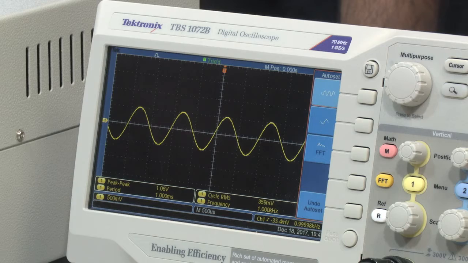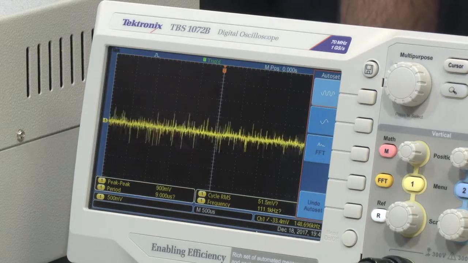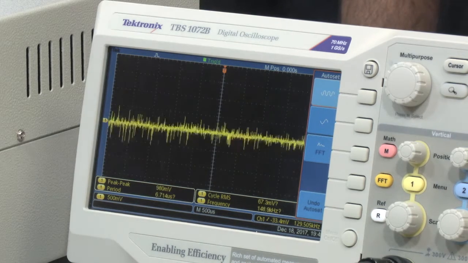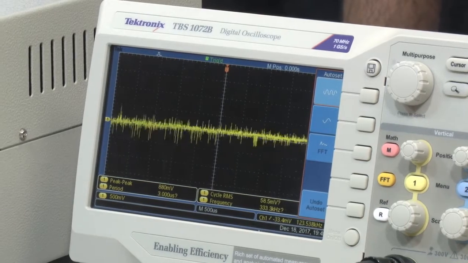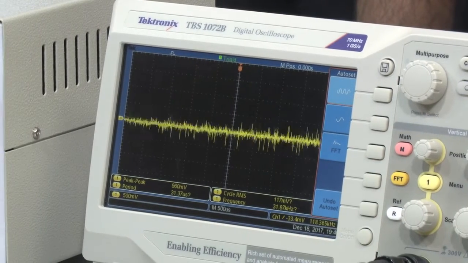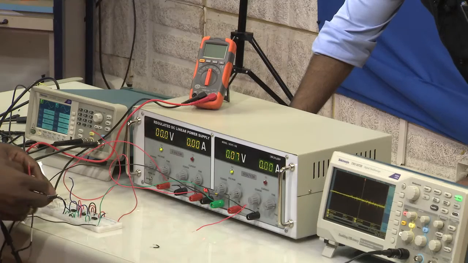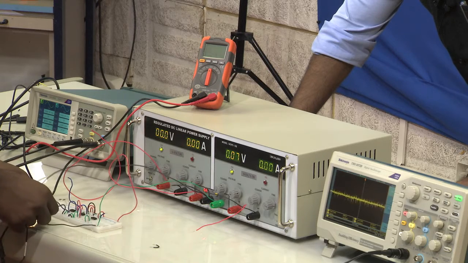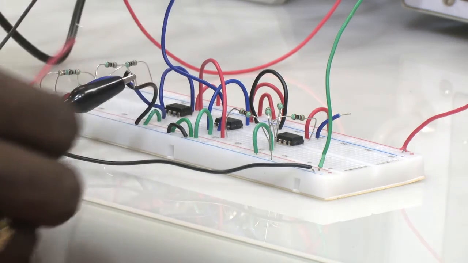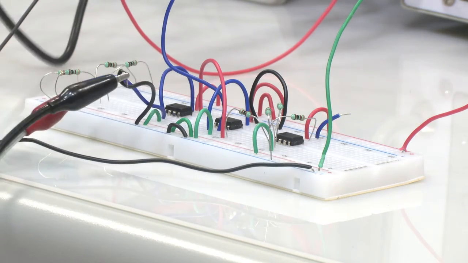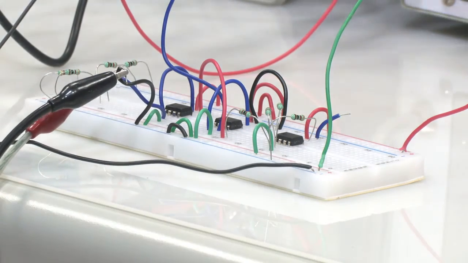Now, he can apply it to the input. So, he is applying to the input here, if you can see on the breadboard. So, he has applied the signal to the input of the differential of the instrumentation amplifier.